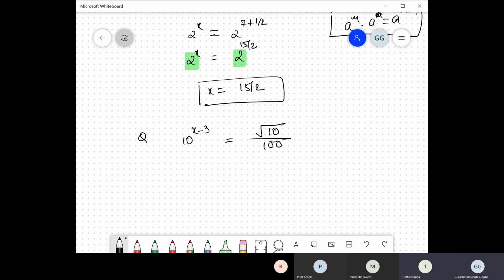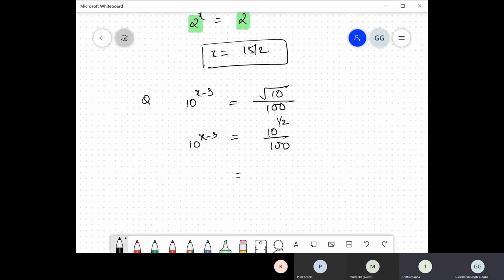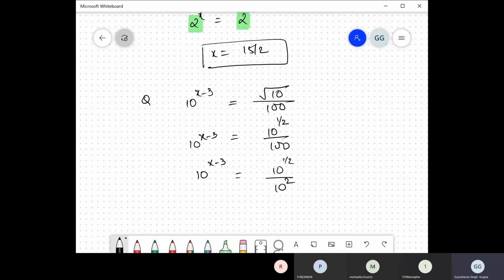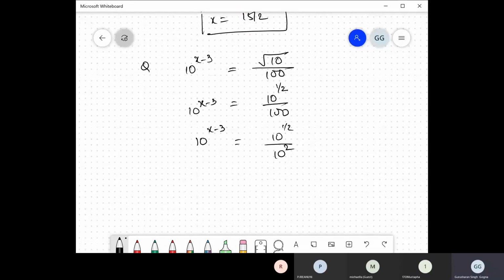Very good. First step is get rid of the square root and change to 10 to the power half. And what else can you do? Would you change the 100 to 10 to the power of 2? Very good. So bring all the terms as a power of the number, which is 10 here.